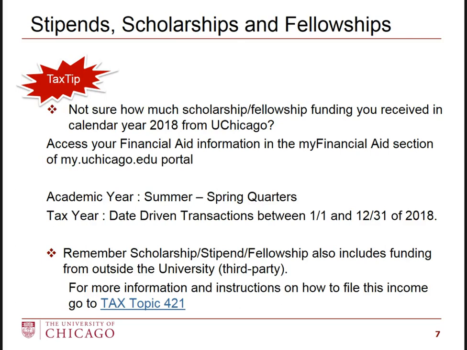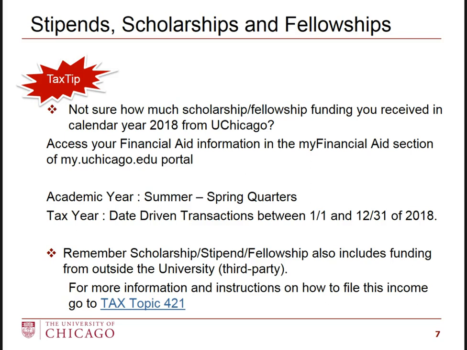If you're not sure how much funding you received in the calendar year 2018 from UChicago, you may access your financial aid information in the My Financial Aid section of the myuchicago.edu portal. As a reminder, the academic year is different than the tax year. The academic year at UChicago spans from summer through spring.